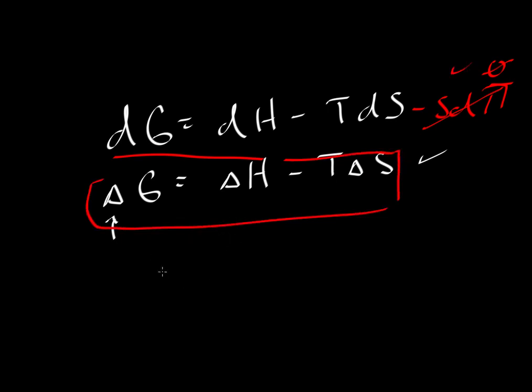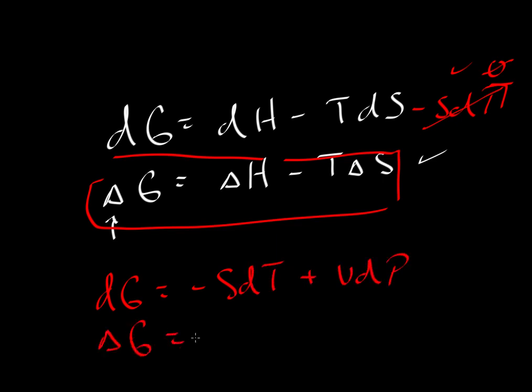If we don't have constant temperature, then we would have to use the other expression. dG is equal to minus SdT plus VdP, or in delta notation, delta G is equal to minus S delta T plus V times delta P. So this would be the case where temperature and pressure are allowed to vary.